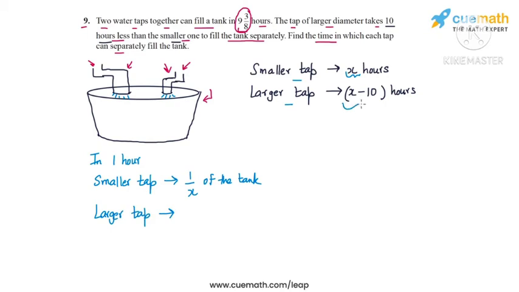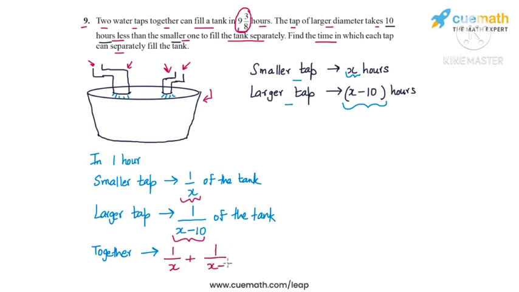Because it takes X minus 10 hours to fill the whole tank, in 1 hour it will fill 1/(x minus 10) of the tank. This means that together, in 1 hour the two taps will fill a total of 1/x plus 1/(x minus 10) of the tank.